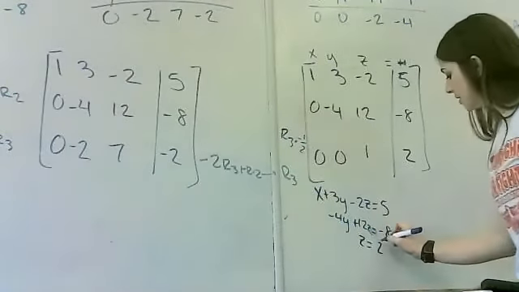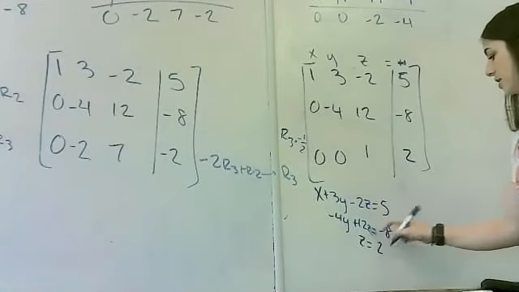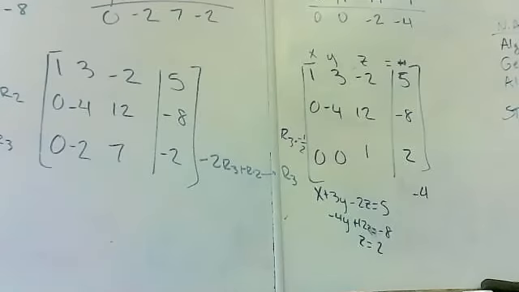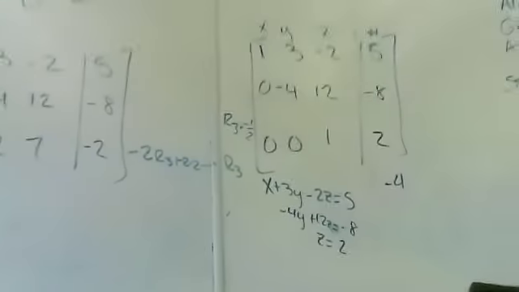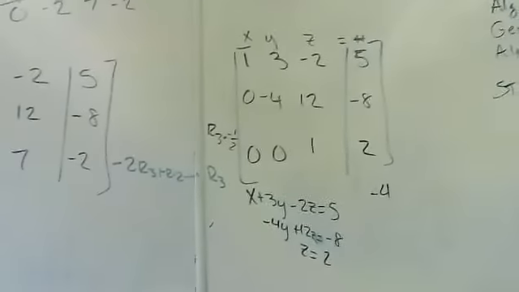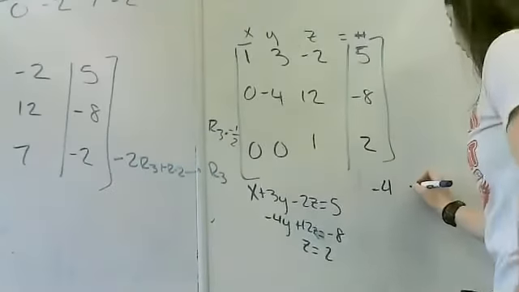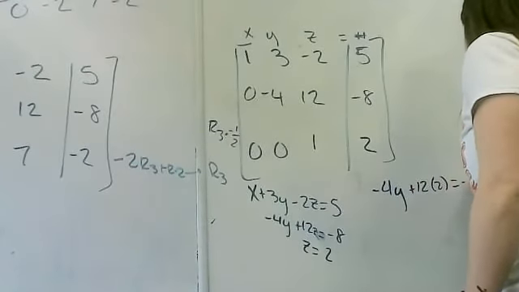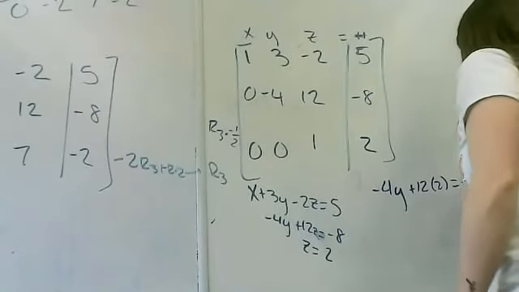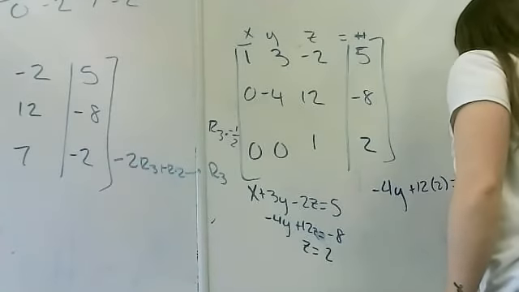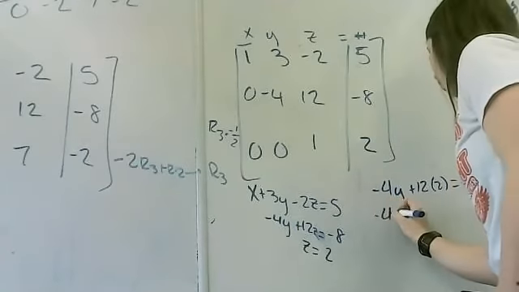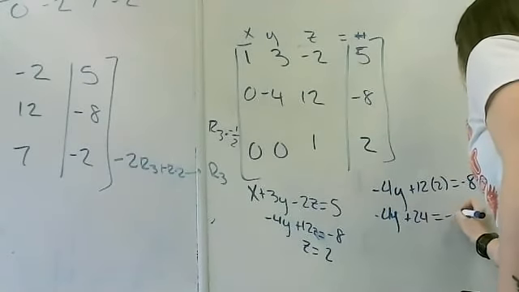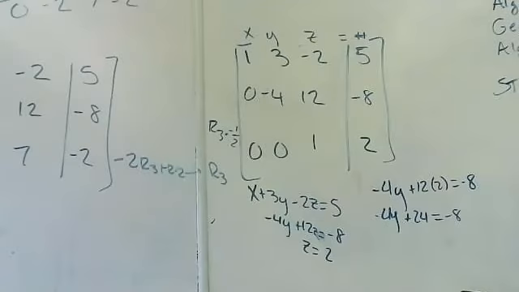So I would take my z value of 2 and put that back up into this equation to then have negative 4 times y plus 12 times 2 equals negative 8. Okay, to give me negative 4y plus 24 equals negative 8.